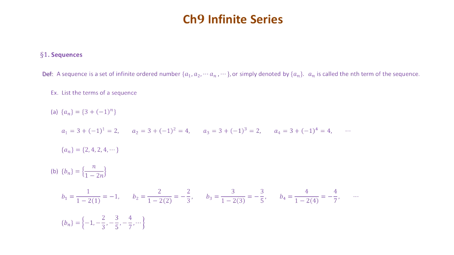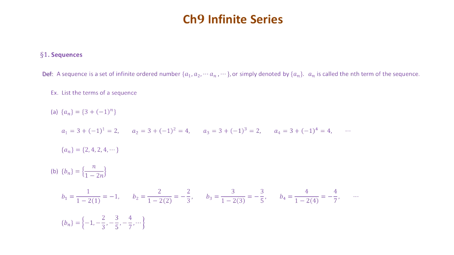In the next example, we have another sequence b_n, and the general term or formula for this sequence is n over 1 minus 2n. Again, we didn't specify where n starts, so that automatically means n starts from 1.